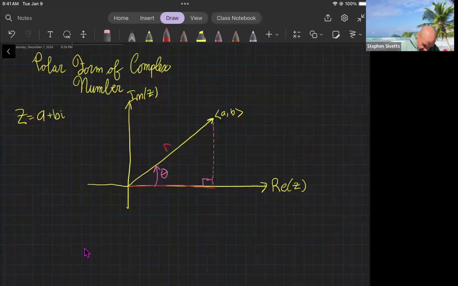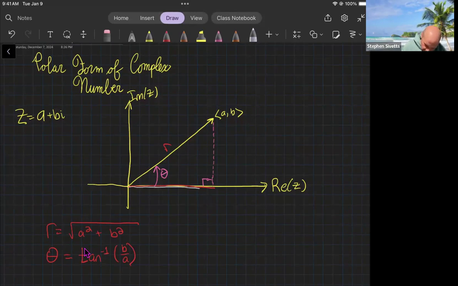So r, by definition, is the square root of a squared plus b squared, and theta would be the inverse tangent of b over a, y over x.